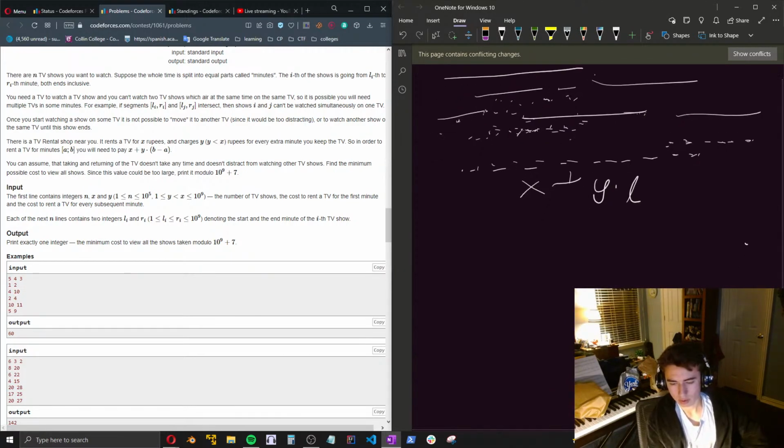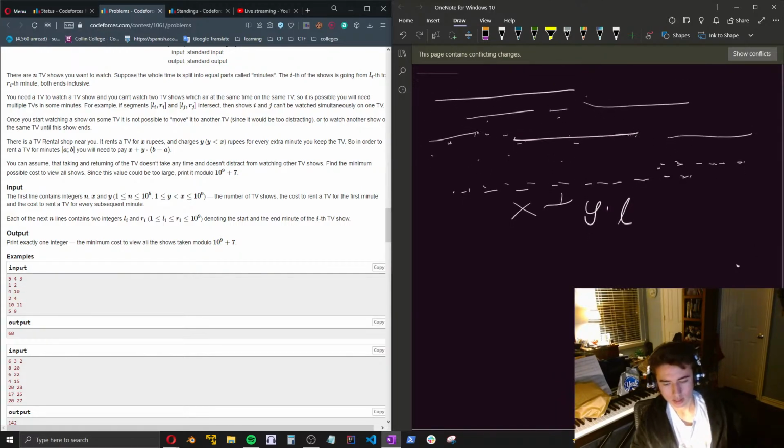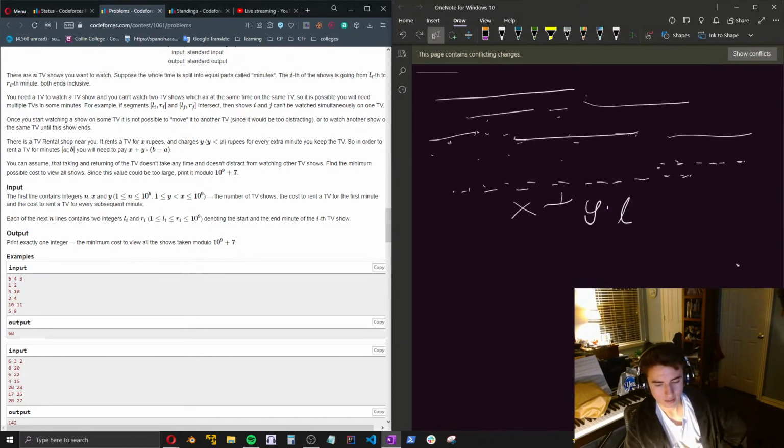First off, we know that the cost of the length of the interval will always be used. Our only goal is to decrease the number of distinct TVs we use by possibly combining two intervals that are disjoint.